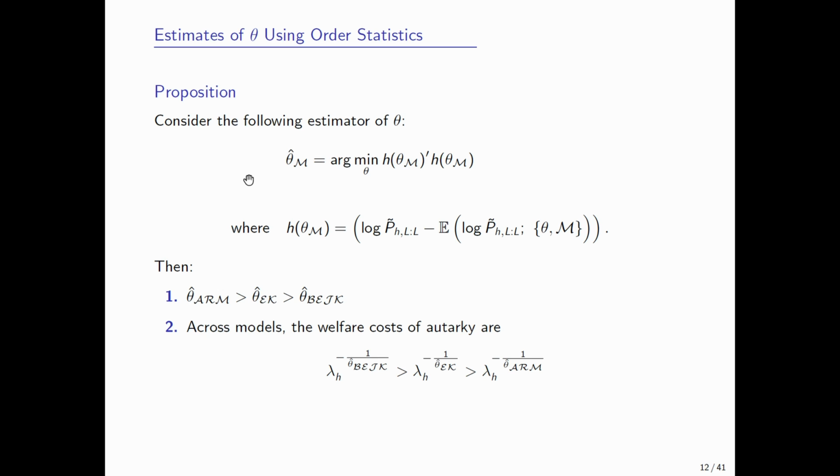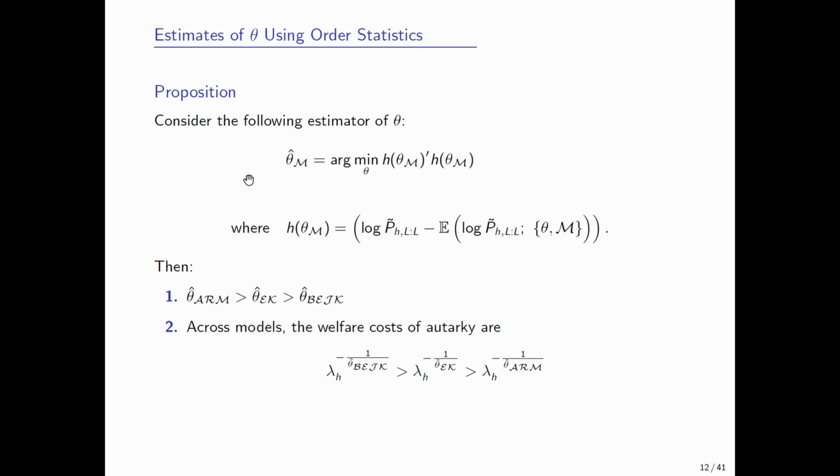So you have a model, right? You have a bunch of goods, 60. You take the max of the relative price for each country pair, and you're comparing that to the expectation of that object. And suppose that the estimator is to minimize the distance between those two.